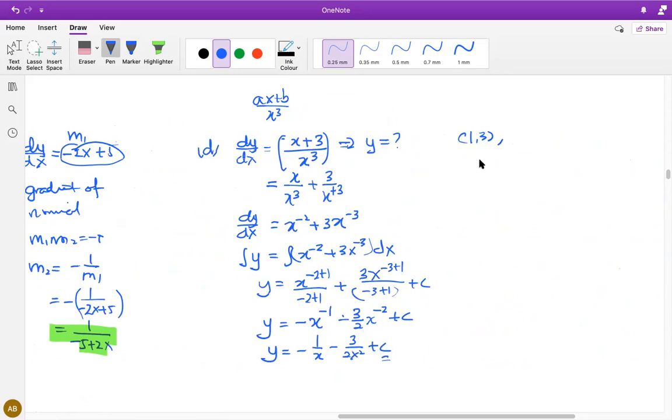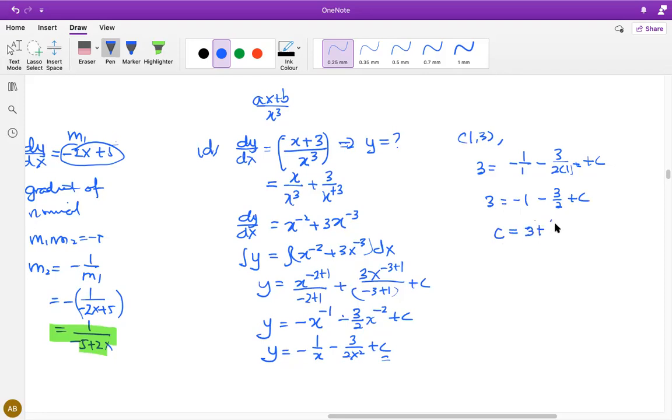So we put in: 3 equals negative 1 over 1 minus 3 over 2 times 1 squared, plus c. So you get 3 equals negative 1 minus 3 over 2 plus c. Therefore, c equals 3 plus 5 over 2, since negative 1 minus 3 over 2 is negative 5 over 2.